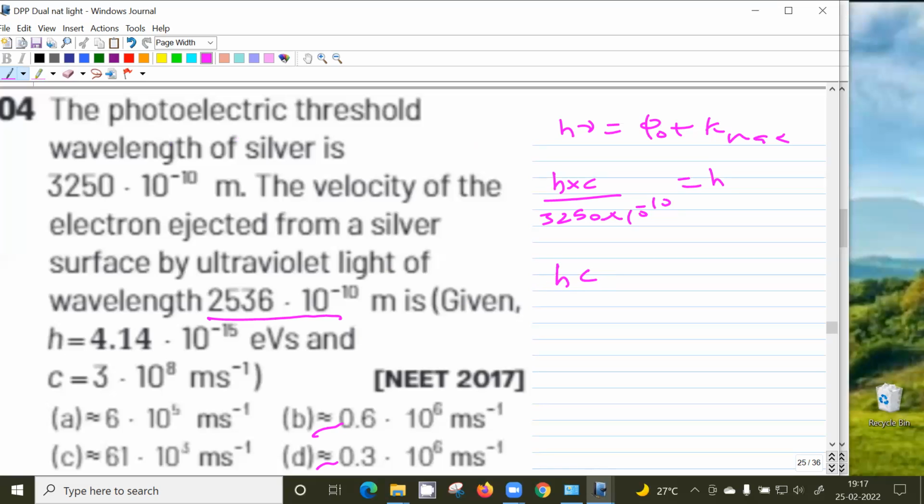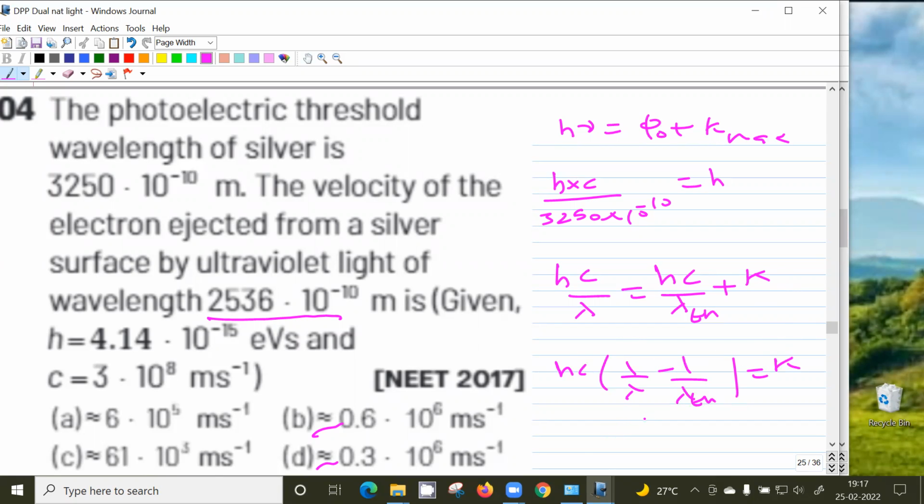So it is hc by lambda equal to hc by lambda threshold plus K max. Okay, this is half mv square. So it is hc into 1 by lambda minus 1 by lambda threshold equal to K max.